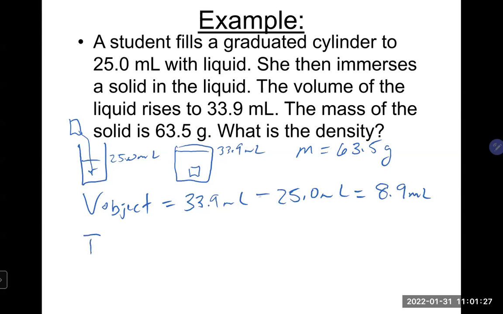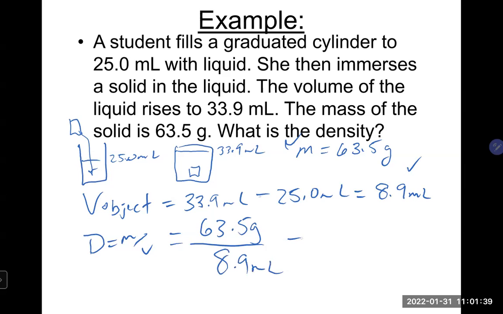That's good because now for our density, we have both the mass and the volume. So plugging that in, 63.5 grams divided by 8.9 milliliters. Again here, none of the units cancel, so they do remain. And we end up with a density of 7.1 grams per milliliter.